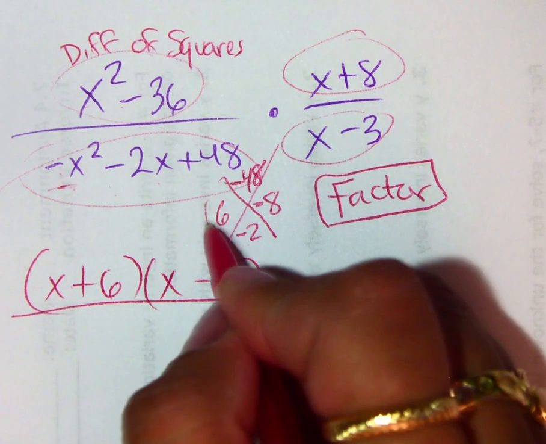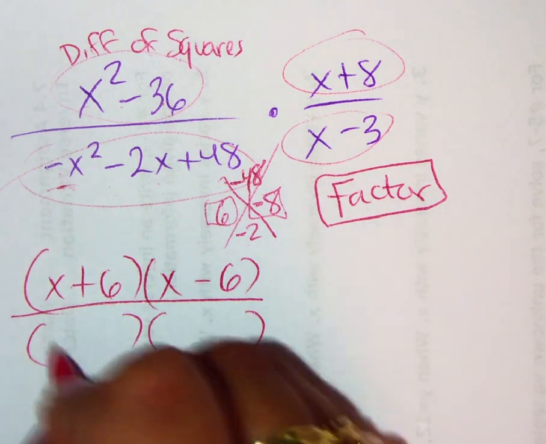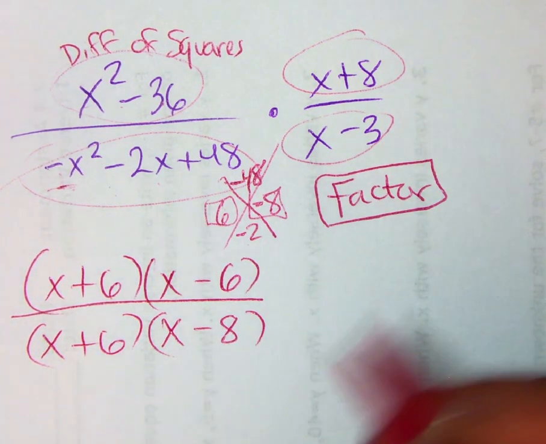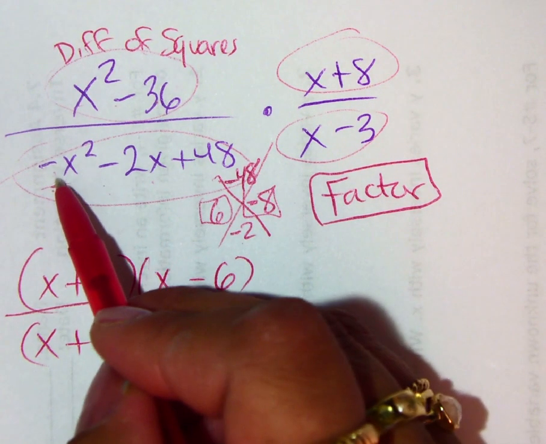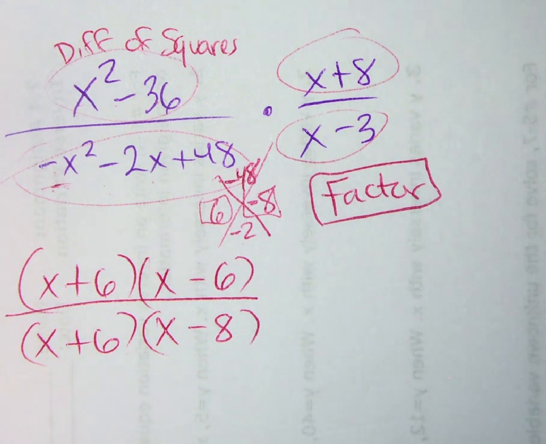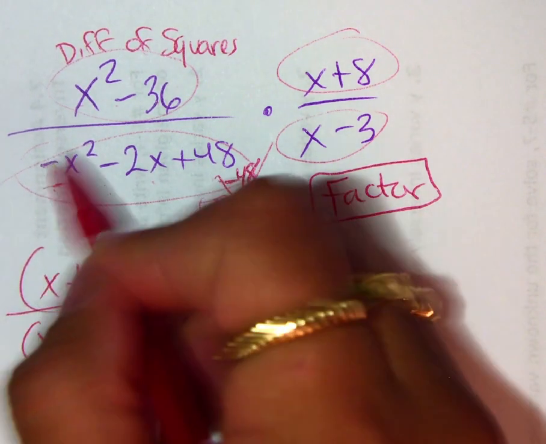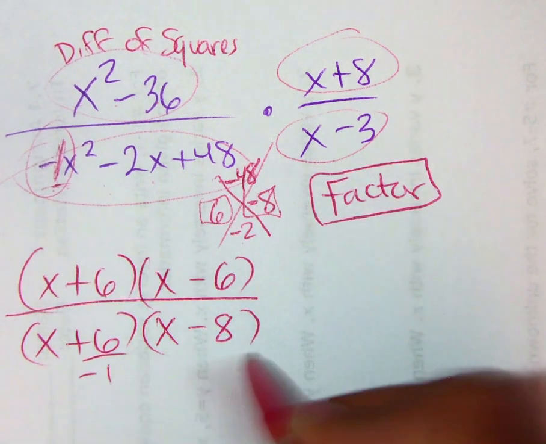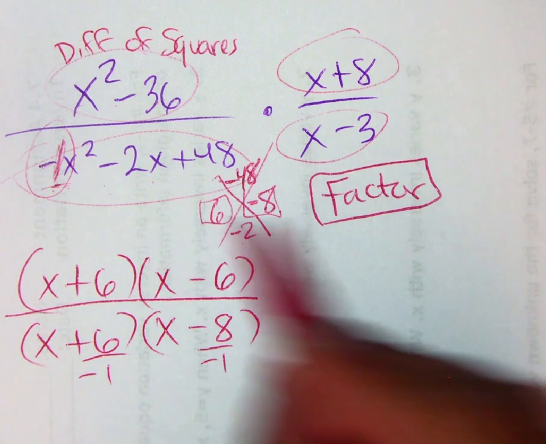We're going to write down these numbers in our binomials, x plus 6 and x minus 8. However, we always need to check the a value to be a 1 in order for this to be by itself without change. If this is not a 1, then the negative 1 that we have right here needs to be divided into these numbers that you found.